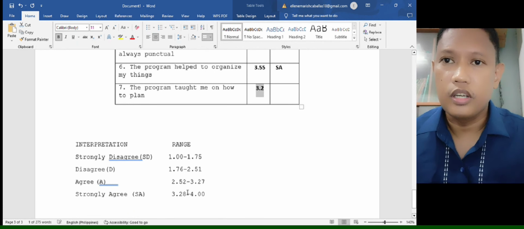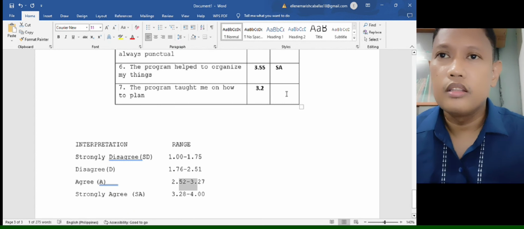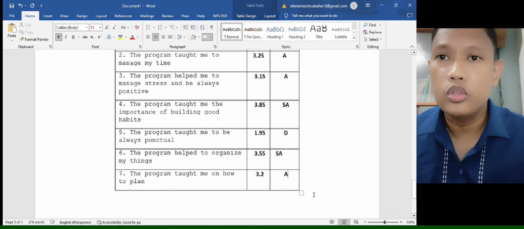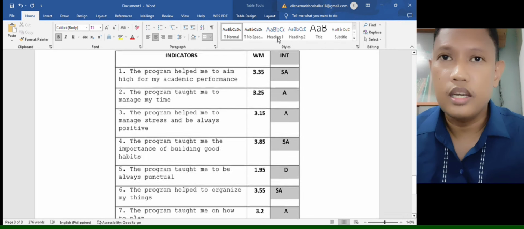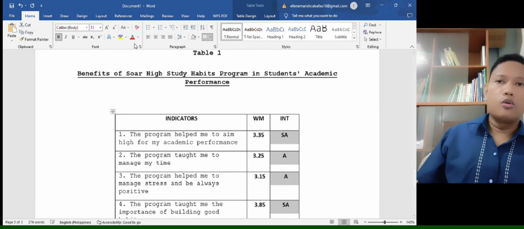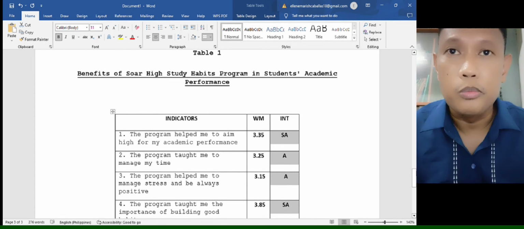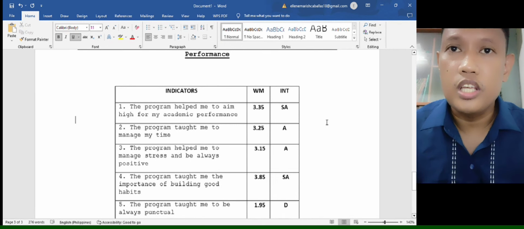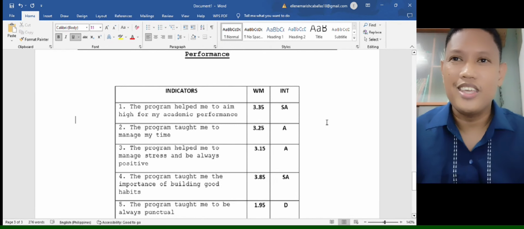Right? Okay. And the program taught me how to plan. 3.2 is agree. Okay. So we already completed the table. That's it. So we can proceed with writing it down.